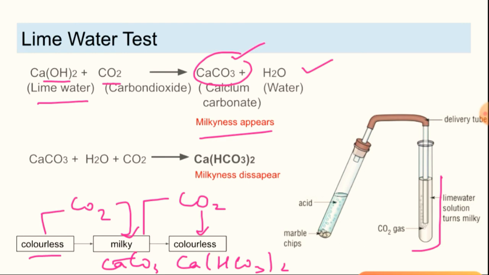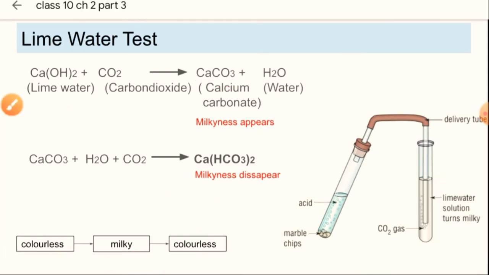This calcium carbonate and water then react with carbon dioxide when we keep on passing it for a long duration. Then the carbon dioxide reacts with both of these reactants and forms calcium bicarbonate. This is why the milkiness disappears. Now check out the lime water test.